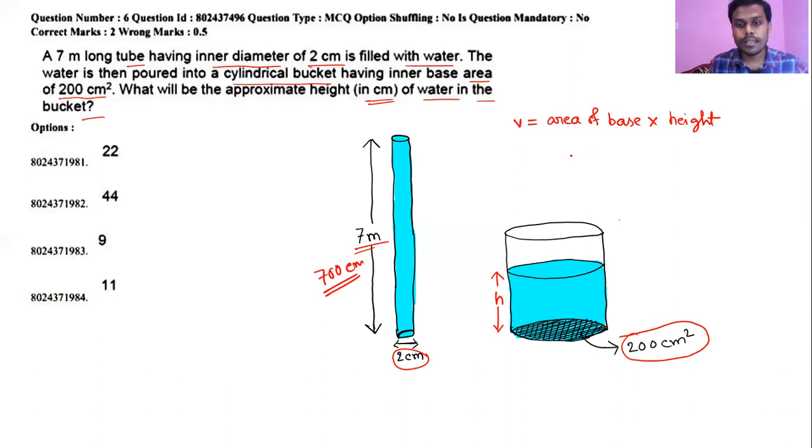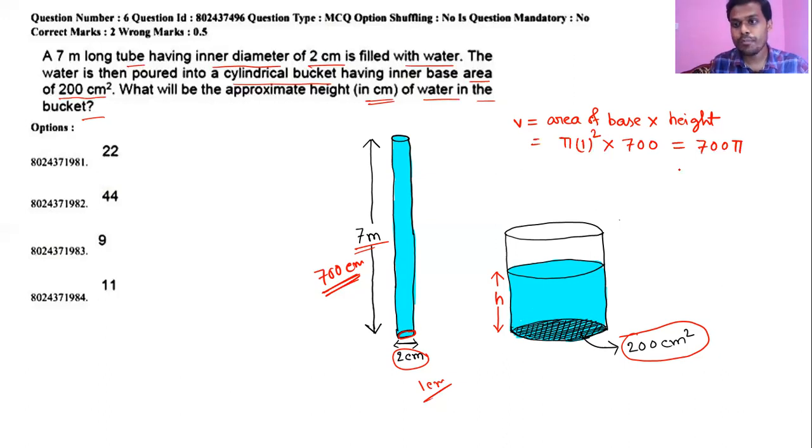Here the base is circular, that means pi r square is the area of the circle. Given 2 centimeter is the diameter, so the radius will be 1 centimeter, and the area of this base is pi r square, that means pi into 1 square, into height 700 centimeter. So this will be 700 pi.